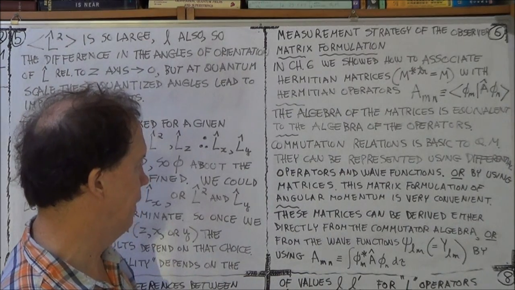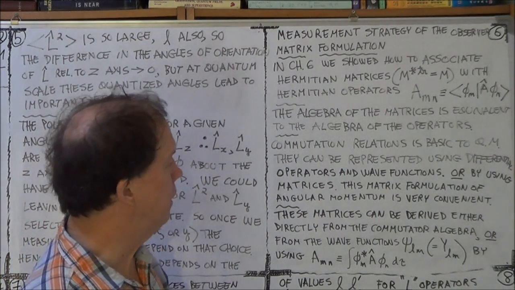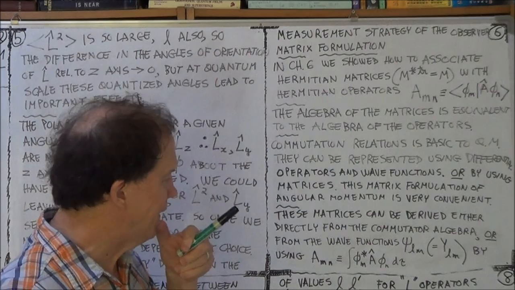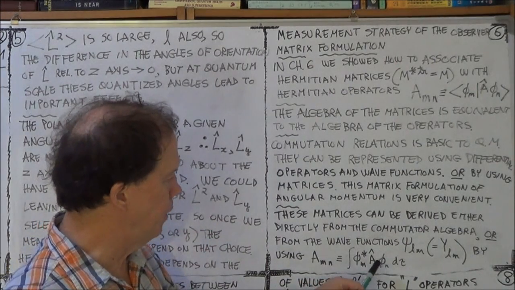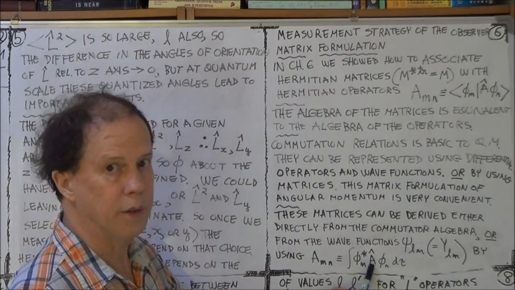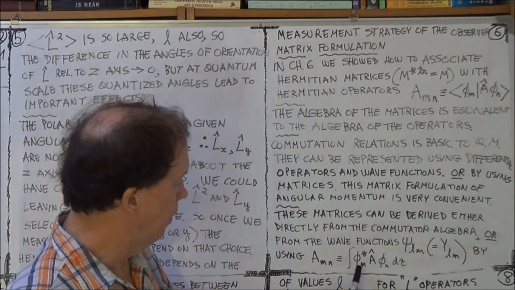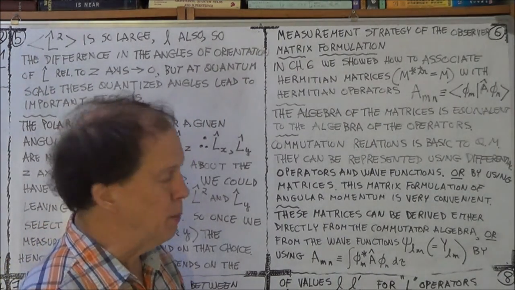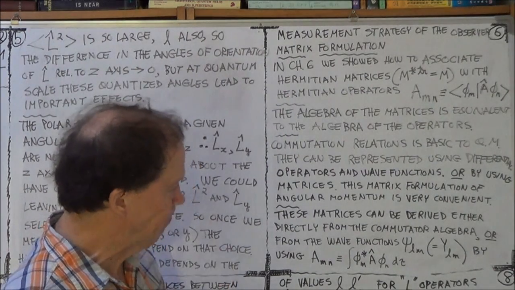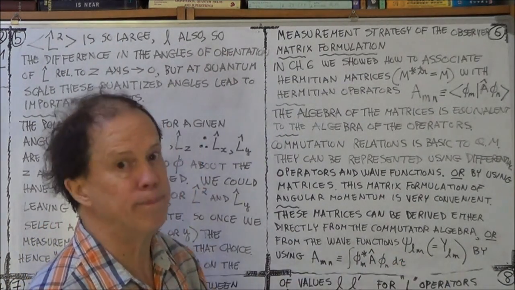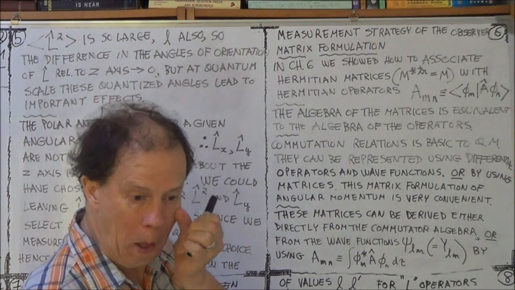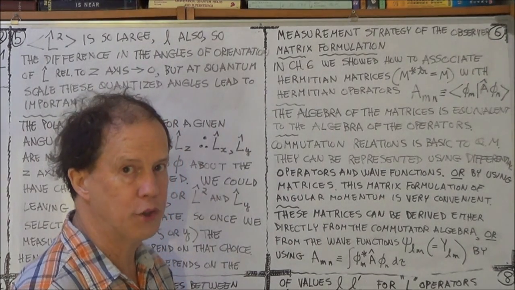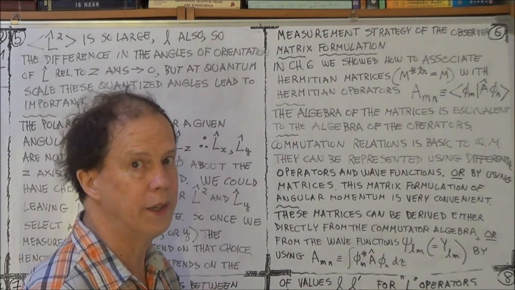Now, things get a bit more complicated leading into the next session. If you're using the Hermitian operator approach with eigenfunctions, when you're talking angular momentum, your eigenfunctions become, if you remember, spherical harmonics. And spherical harmonics have two parameters, L and M, right?